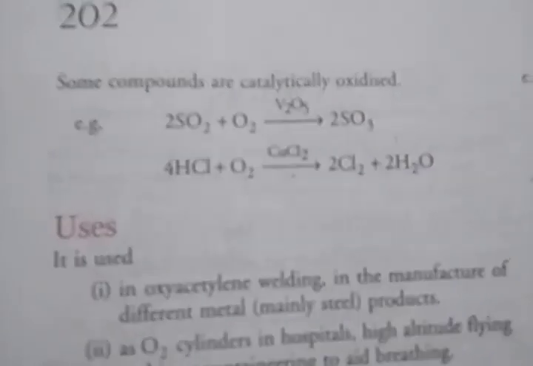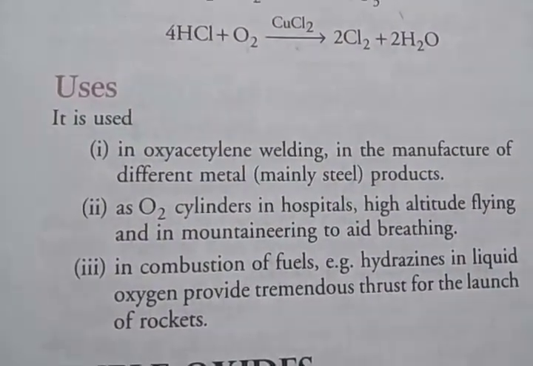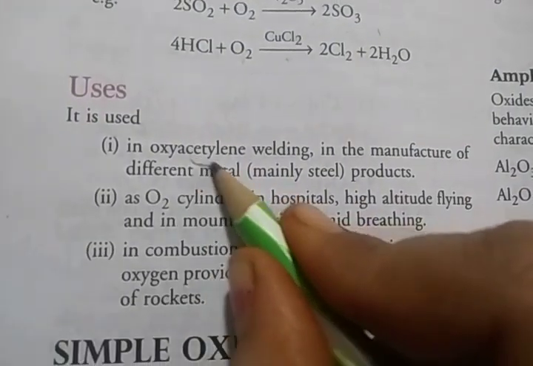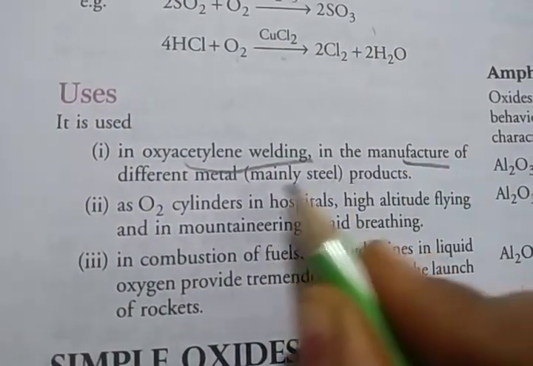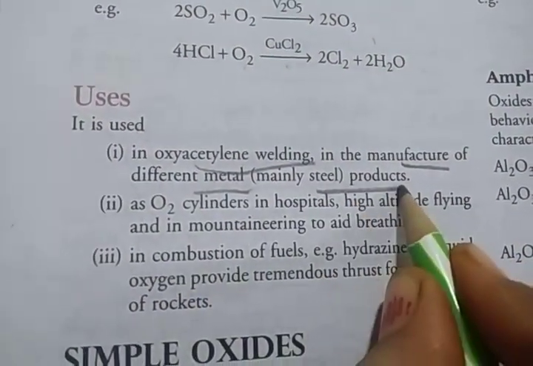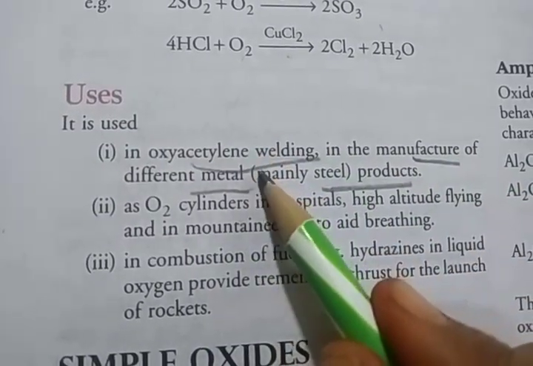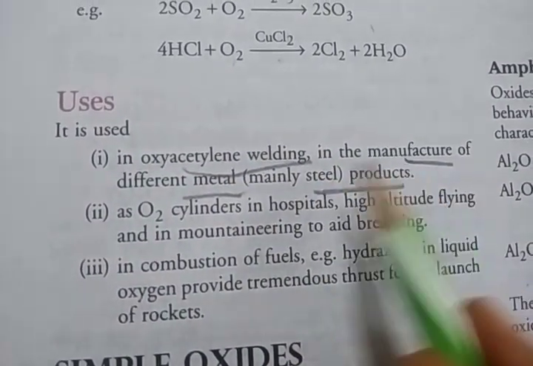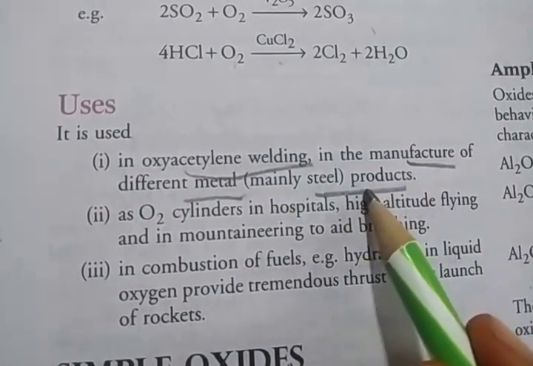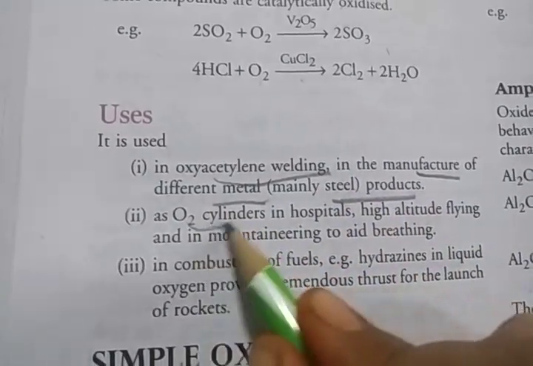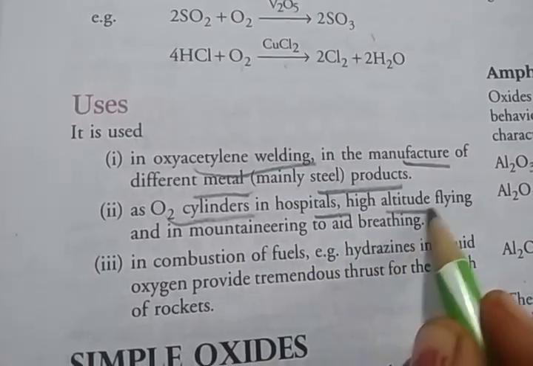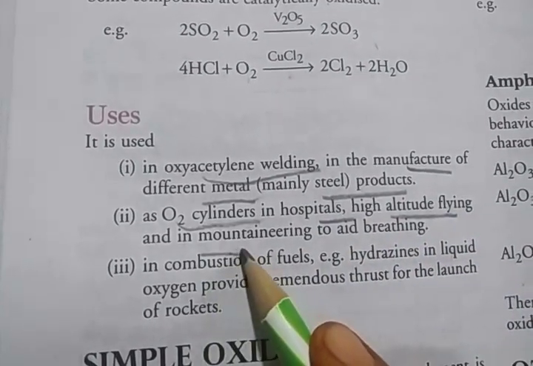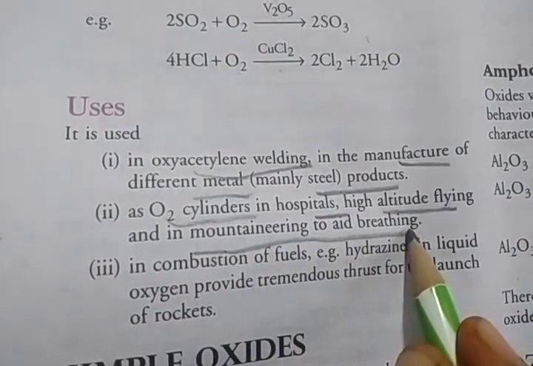Okay. Then uses. First one is in oxyacetylene welding, in manufacture of different metals, mainly steel products. Then oxygen cylinders in hospitals, high altitude flying, and in mountaineering, to aid breathing.